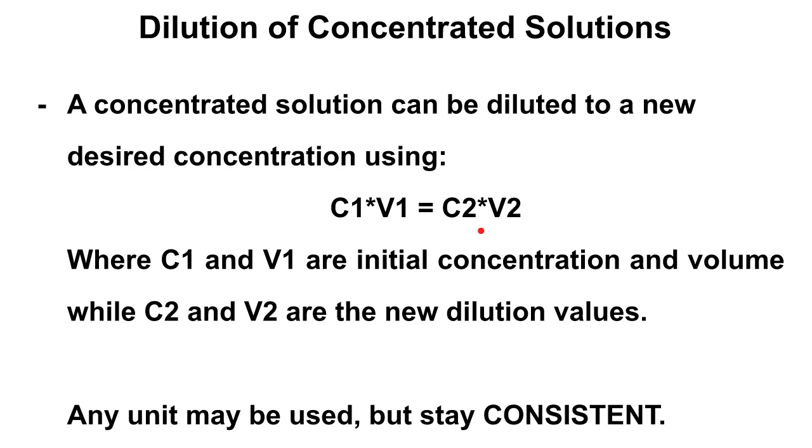It doesn't really matter as long as I am keeping the units the same. So whatever unit V1 is, V2 has to be the same unit, and whatever concentration unit C1 is in, the same concentration unit has to be applied to C2 in order for this to work.